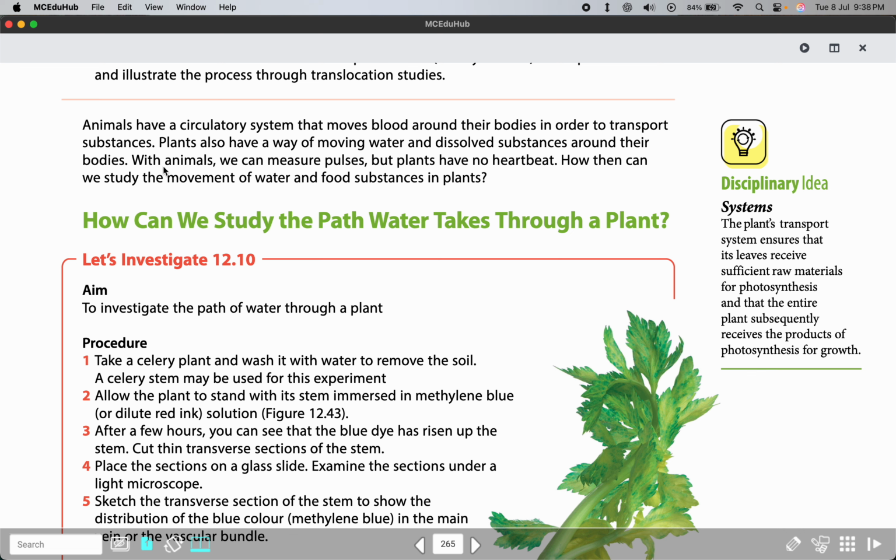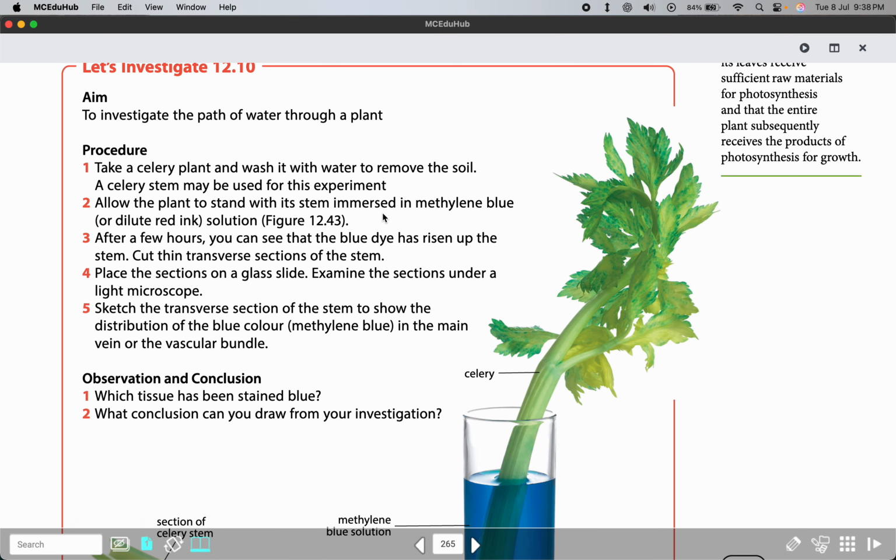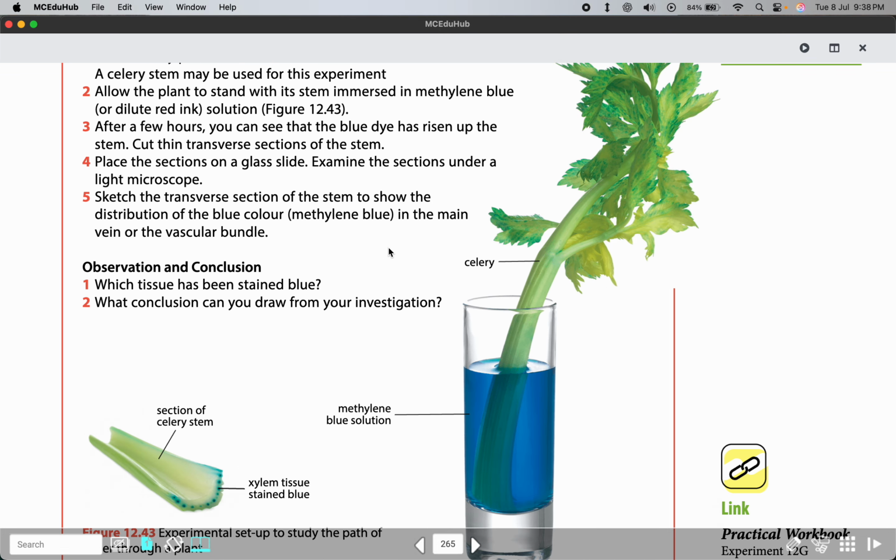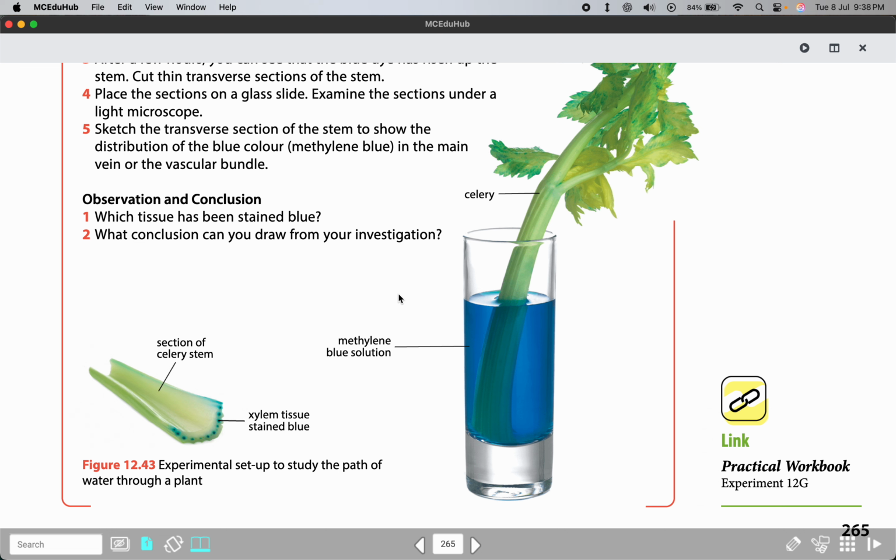And in animals we can measure their pulse, but in plants there's no heartbeat. So how do you actually study and prove the movement of substances and food substances in the plant? Let's start with a very simple experiment, which I'm sure everyone has seen before, maybe in primary school. You simply take a living plant, like a celery plant, cut the celery stem, and put it into a glass of dyed water, blue or whatever color.